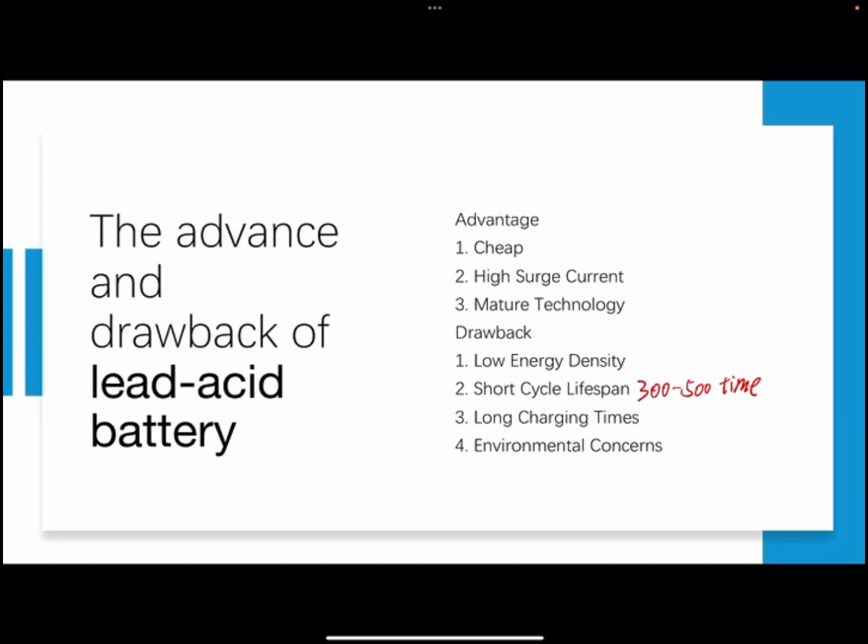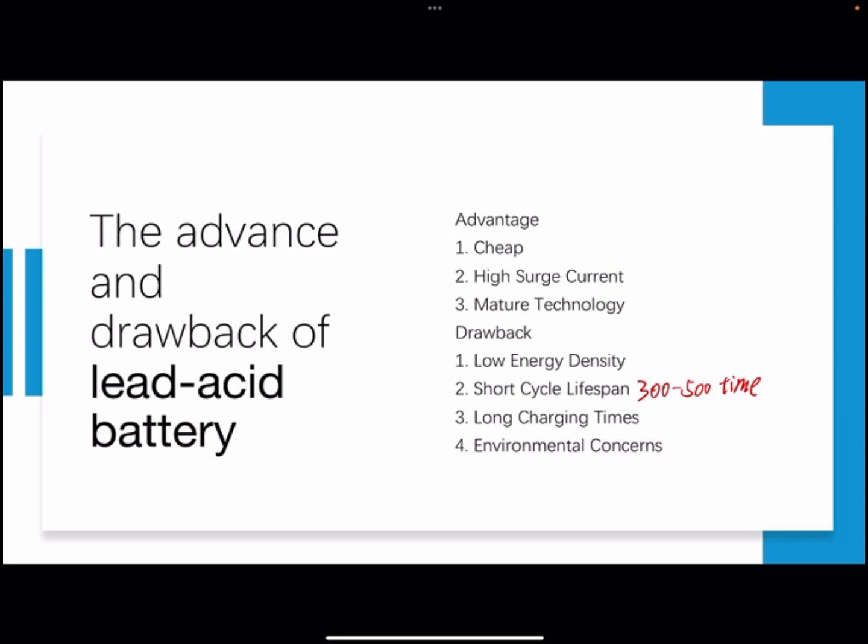After we repeat this process for about 300 to 500 times, the battery will break down, and it almost can't be used anymore, or it can't have such good performance as when it's a new one.